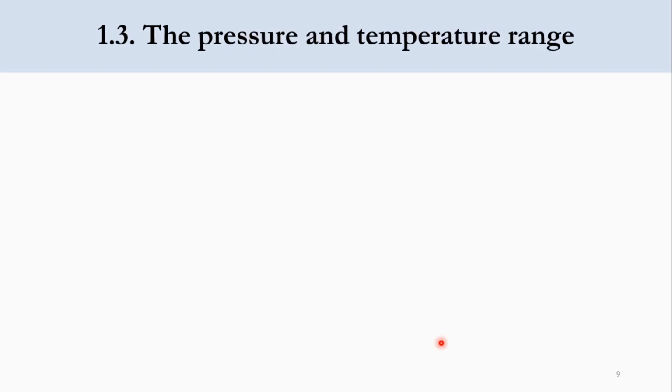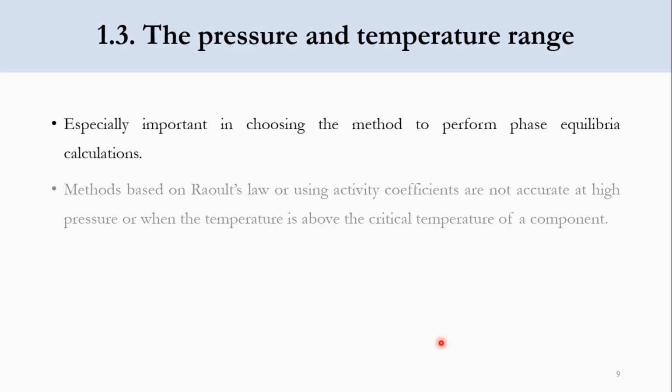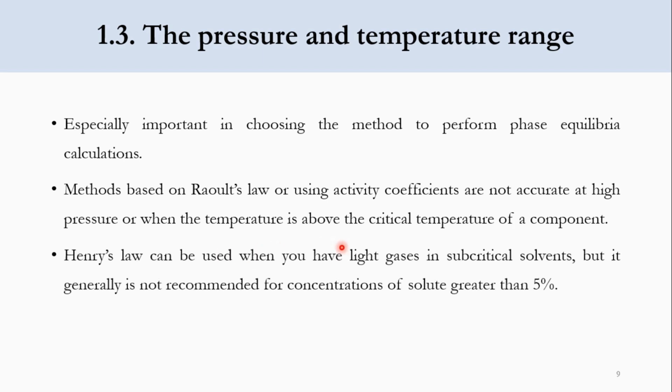Talking about the temperature and pressure range, which is very important when we talk about phase equilibrium calculations. Methods based on Raoult's law or using activity coefficients are not accurate at high pressure or when the temperature is above the critical temperature of a component. Henry's law can be used when you have light gases in subcritical solvents, but it is generally not recommended for solute concentrations greater than 5%.